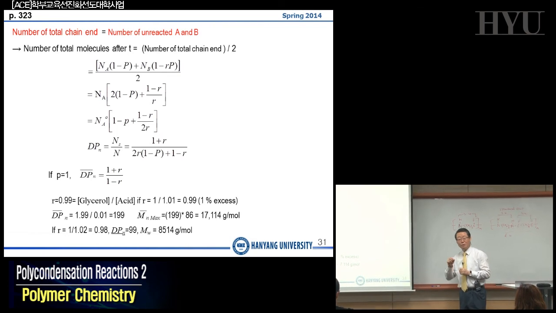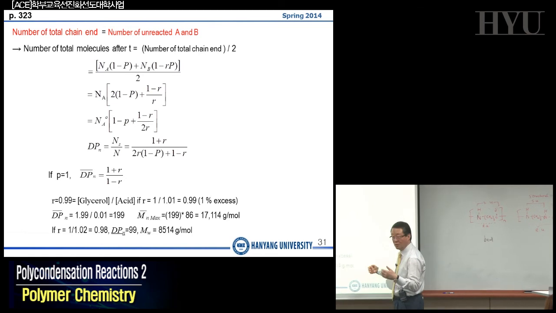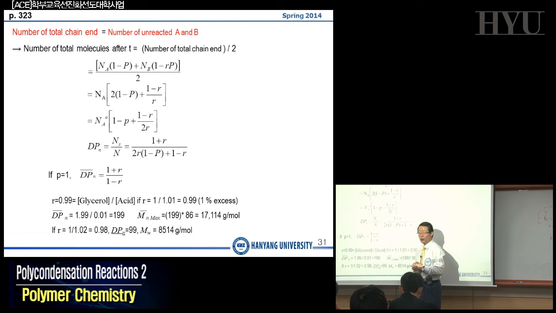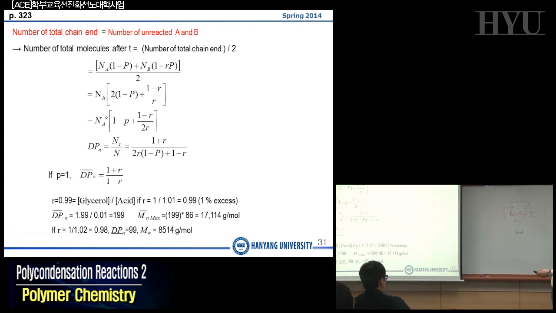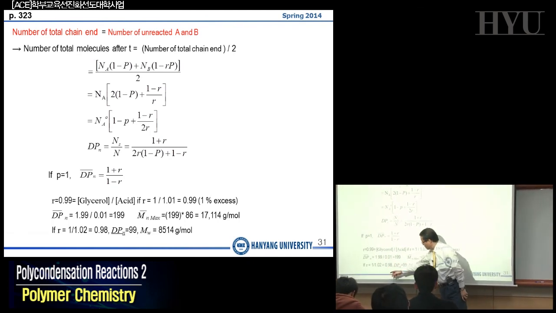But maybe in your exercise you are given a 0.5% excess or 2% excess. What happens to the degree of polymerization? Well, you can put your R into the equation and come up with different DPns. A 2% excess will give you about 100.